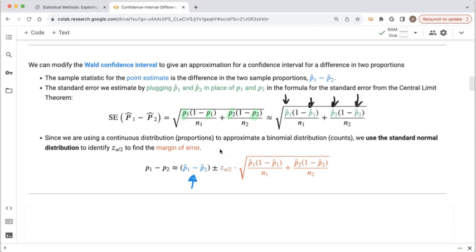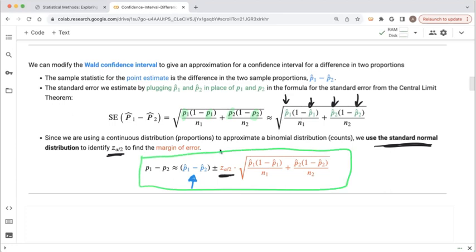In the case of a difference in proportions, the underlying distribution that we're going to use is the standard normal distribution, because we're modeling a binomial distribution with a continuous distribution. So it makes sense to use a normal distribution as our estimate for the binomial distribution.